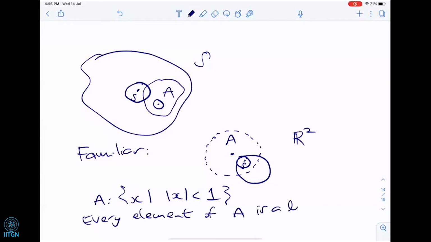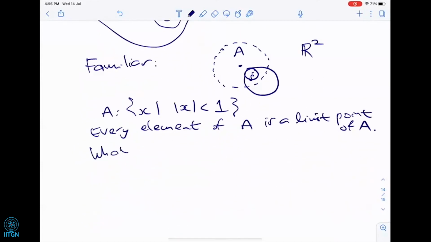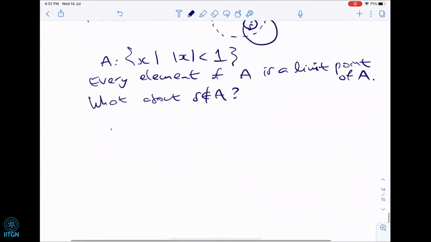And it's not very interesting because we are not looking for limit points which are already in the set. What about elements which are not in A? Let's go back to this A and draw it again. This is my A. And now I'll take an S here. Remember, S has to be in my big set, capital S, which in this case is the plane, so I'm entitled to take it outside.